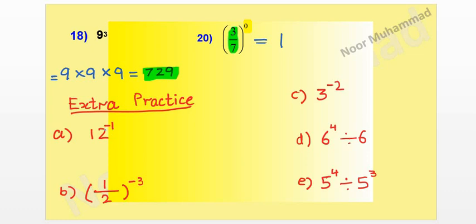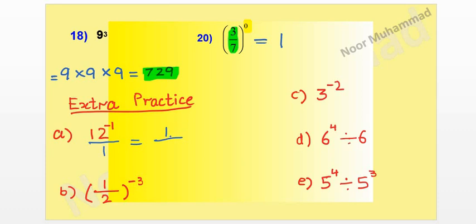Okay, 12 to the power negative 1. I cannot proceed until its exponent is positive. So to change the exponent into a positive power, what do we do? We have to flip the fraction, we have to take its reciprocal. So to get the reciprocal, I will put 1 under it and then I will flip it. 1 will go in the numerator, and when it goes in the numerator it has to become 1 to the power negative 1.